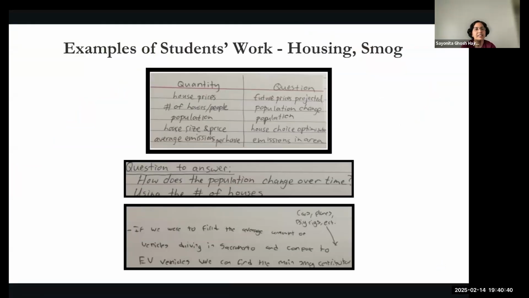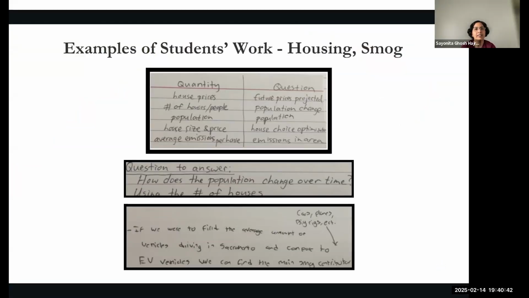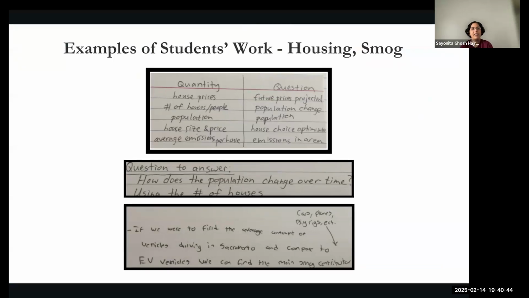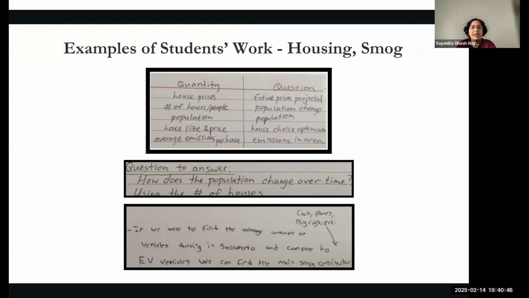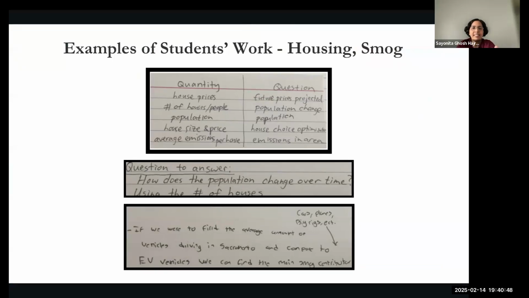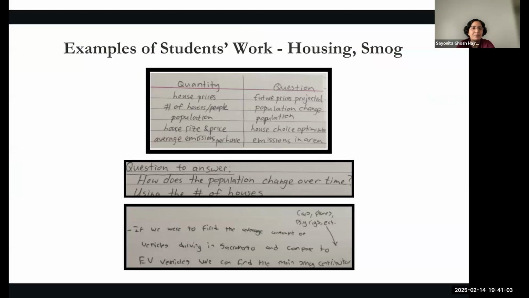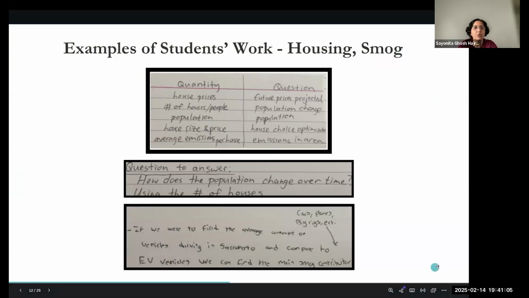So these are some examples of student work on the housing and smog picture they were analyzing. They identified quantities such as house prices, number of houses or people, population. They also asked some questions such as how does the population change over time when they are using the number of houses? So these are some of the questions that came up on the first day.